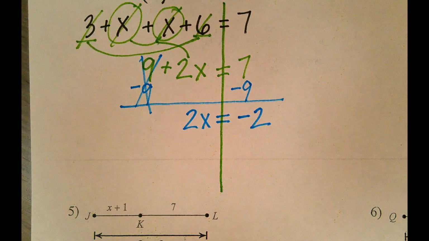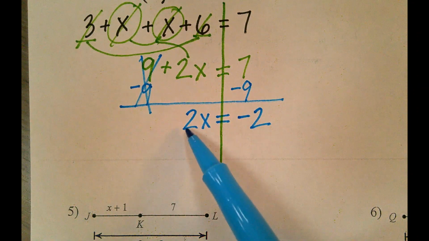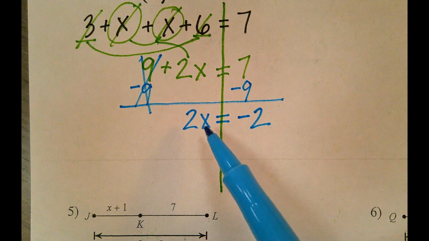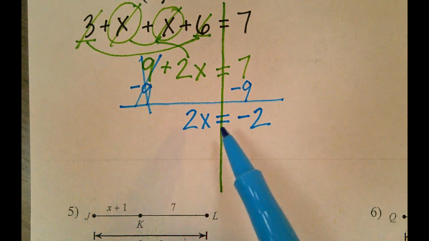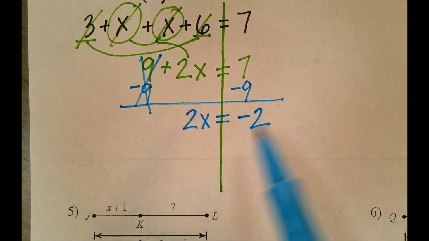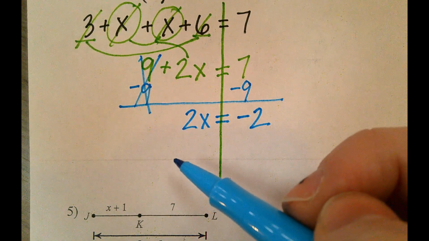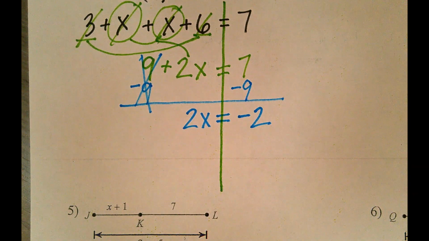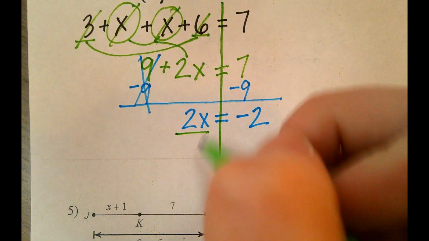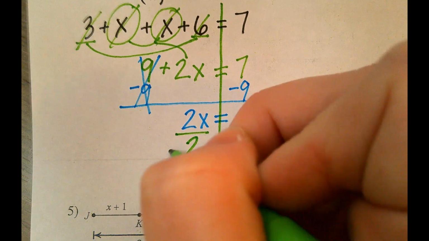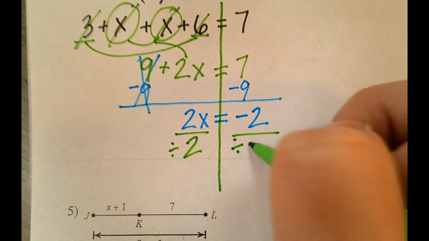Now I have 2x equals negative 2. Divide. Yes, remember, a number next to x is multiplication. 2 times x is what that means. So, to get rid of a number, these are on opposite sides, we're going to do the opposite thing. The opposite of times is divide. So we're going to divide by 2 on both sides.